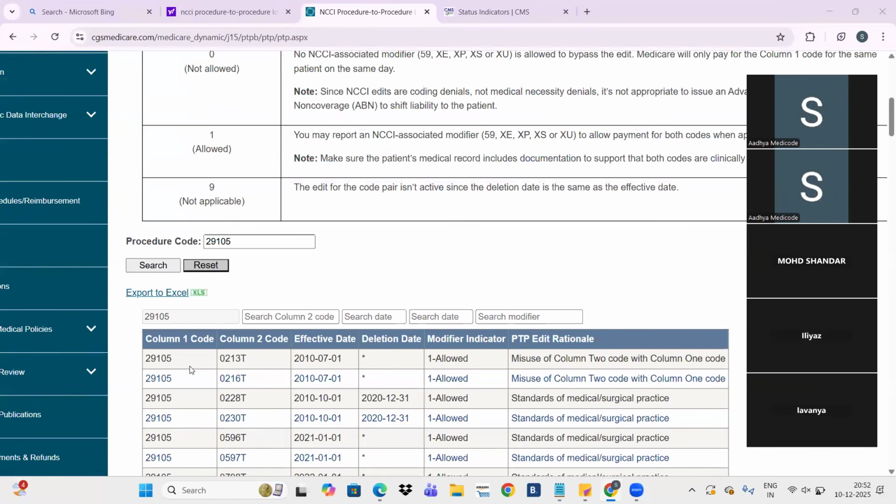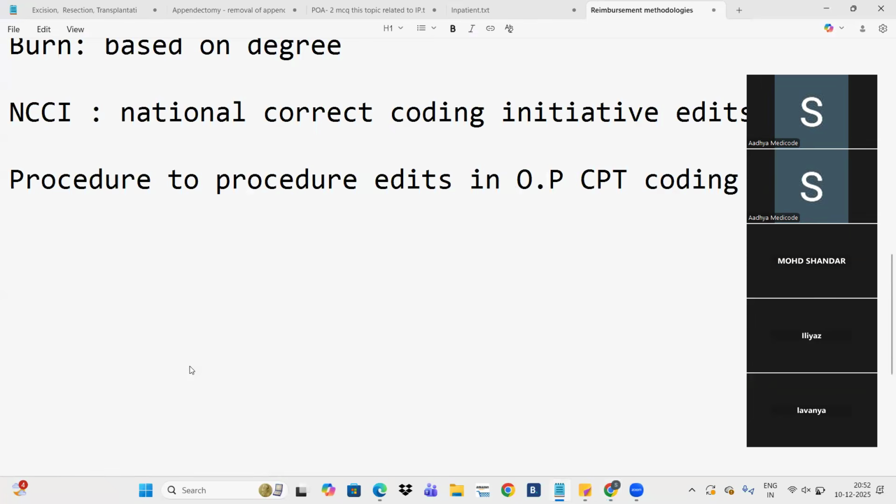Remember the concept: procedure to procedure edits, we need to check to prevent improper payments. These NCCI edits are used only for CPT codes, not PCS or ICD-10. Only for CPT coding and outpatient procedures.